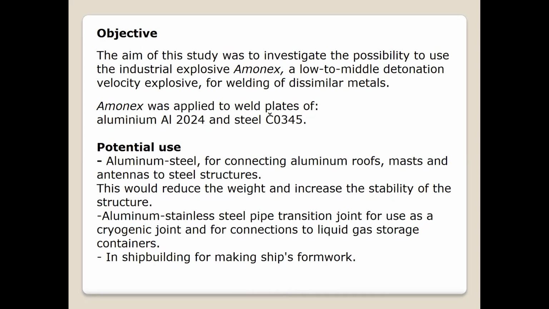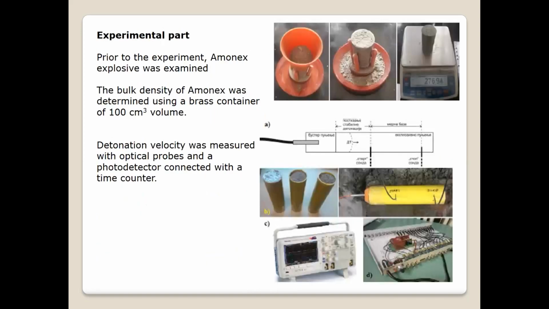This combination of the two metal materials, when welded explosively, can be used, for example, for connecting some aluminum roofs with some metal steel masts or antennas. This can be used in structural engineering, in civil engineering. We can also produce aluminum stainless steel pipe for use as cryogenic joints and connection to liquid gas storage containers or vessels, and also in shipbuilding.